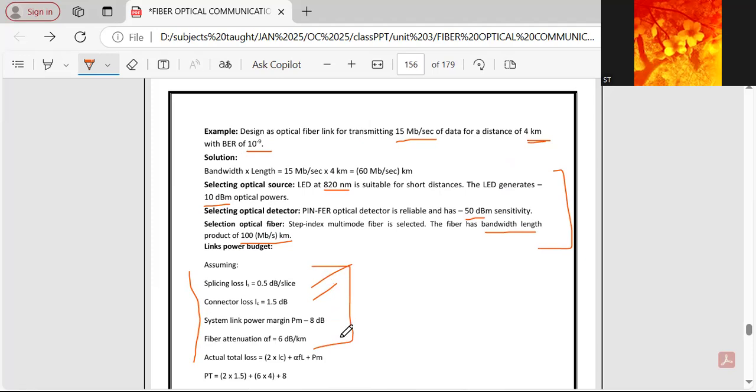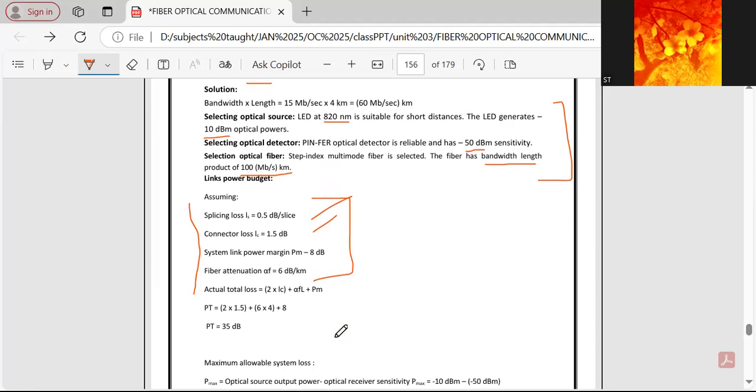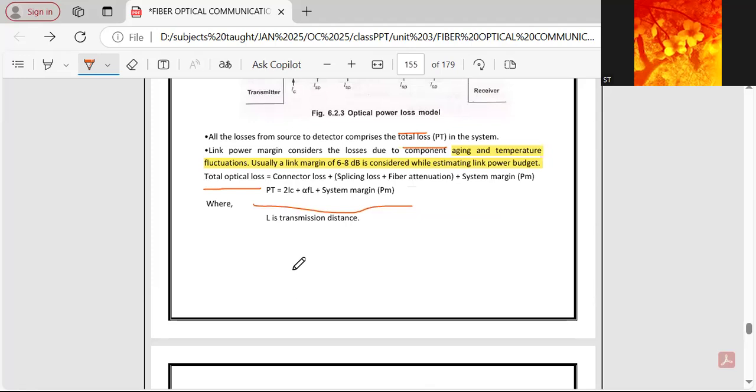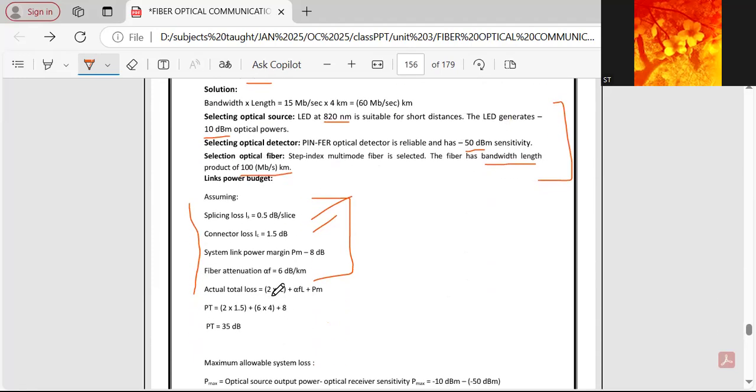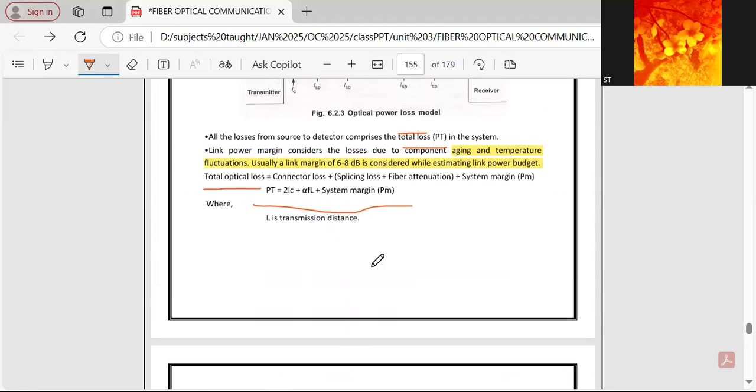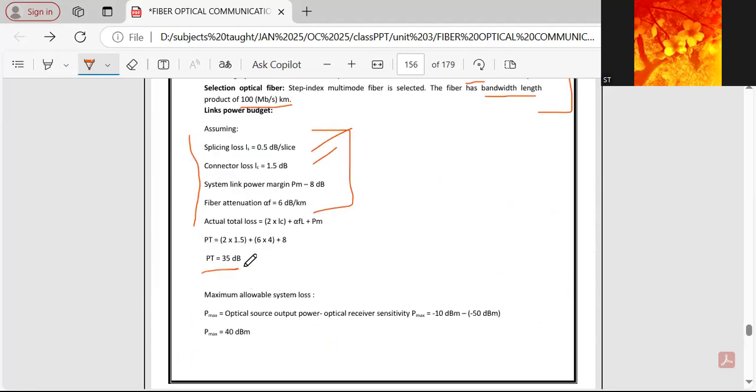Now we have to calculate the actual loss. It's very simple. Using the formula, we just put the values in and get the total loss of around 35 dB.